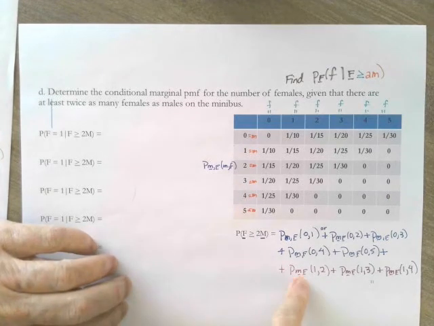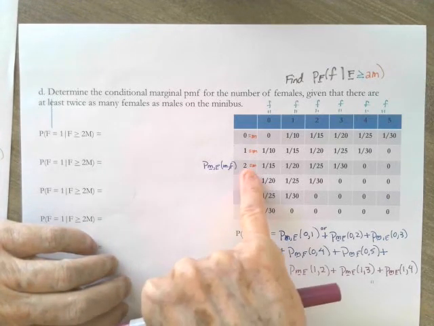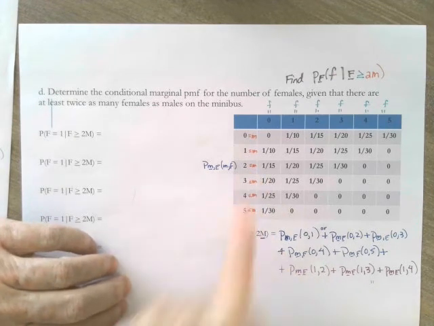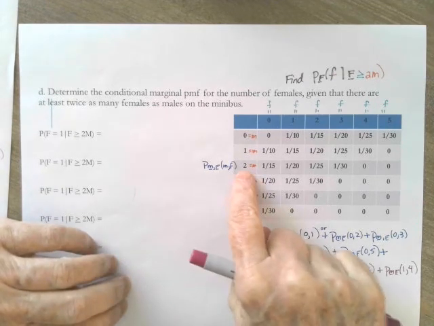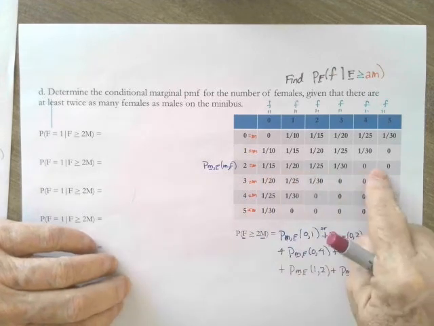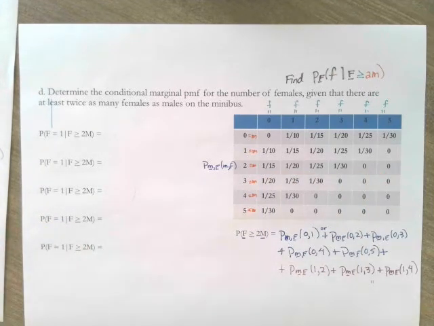If the number of males is 2, then the number of females has to be at least 4. Well, we can't have a 2 and a 4 on the bus because that would make 6, which is larger than 5. So now I add up all of these probabilities, and I'll write them next to it.